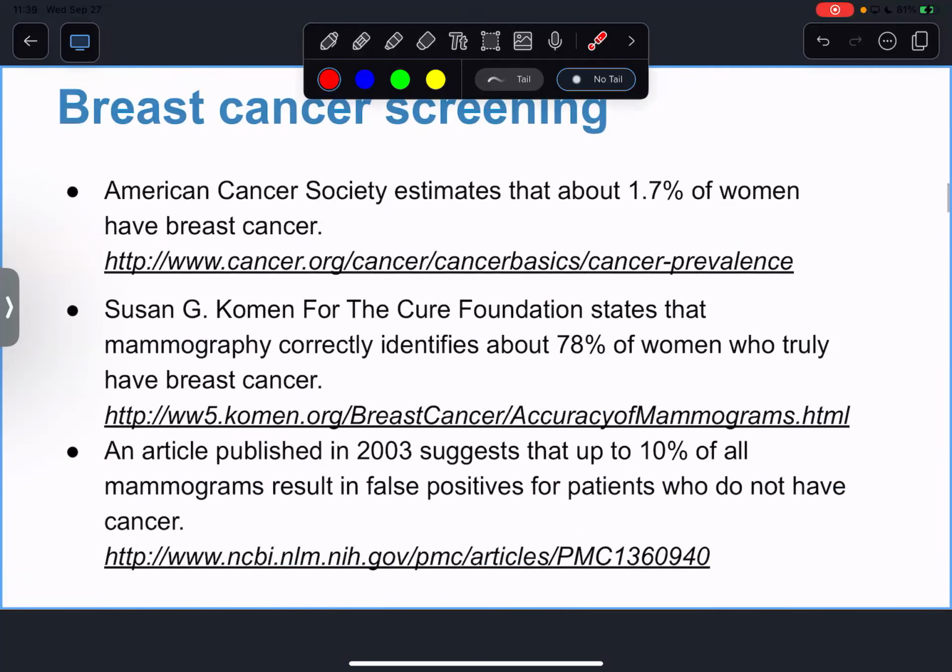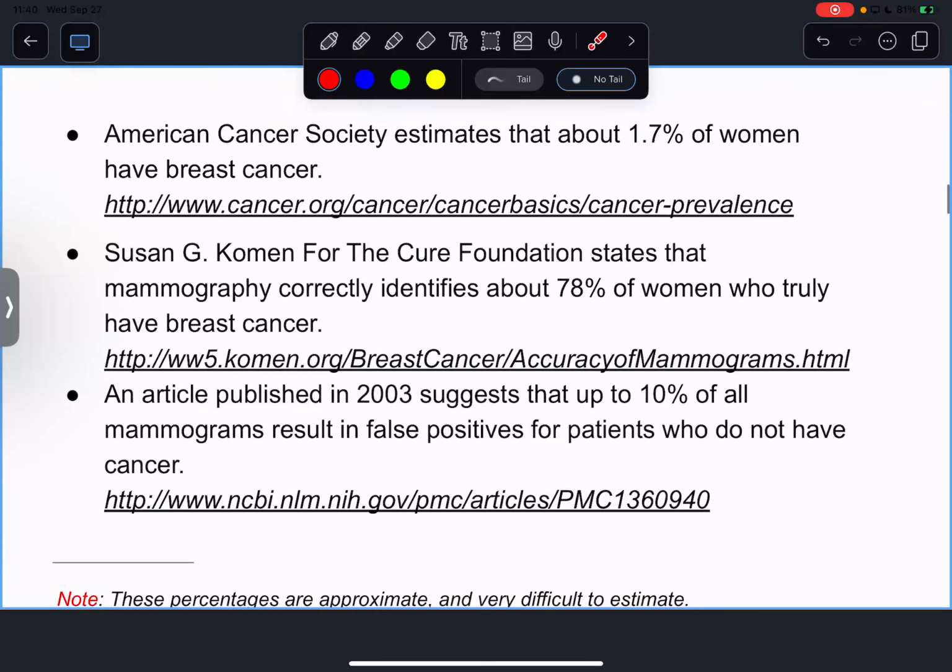So here we're given a lot of information. The American Cancer Society estimates that about 1.7% of women have breast cancer.